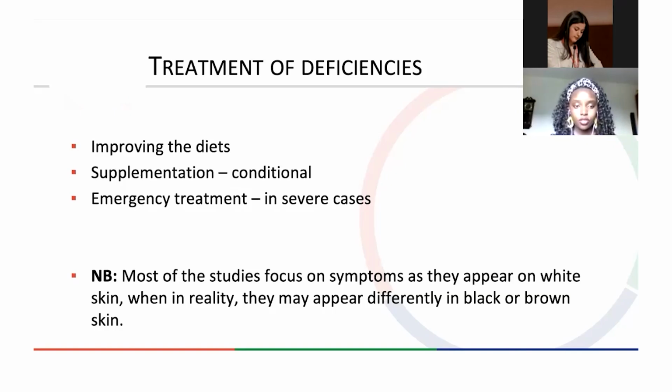And we also need to look at supplementation, although it has to be regulated and it has to be suggested by a GP, a doctor, or a nutritionist. The reason why is because, just a quick example, vitamin A is not advised to be supplemented in pregnant women, especially in the first trimester, because it has adverse effects on the growth of the fetus.